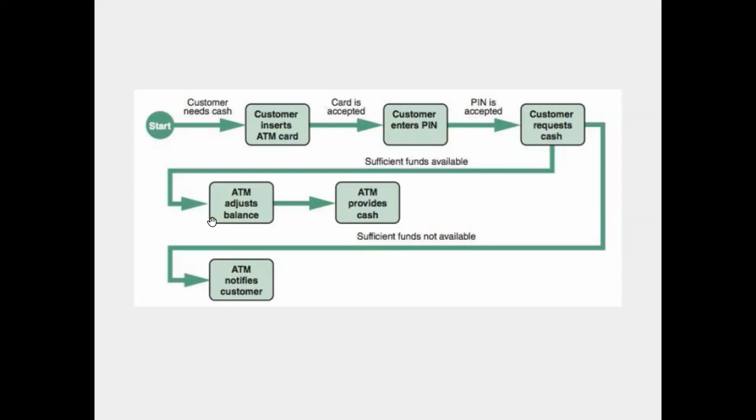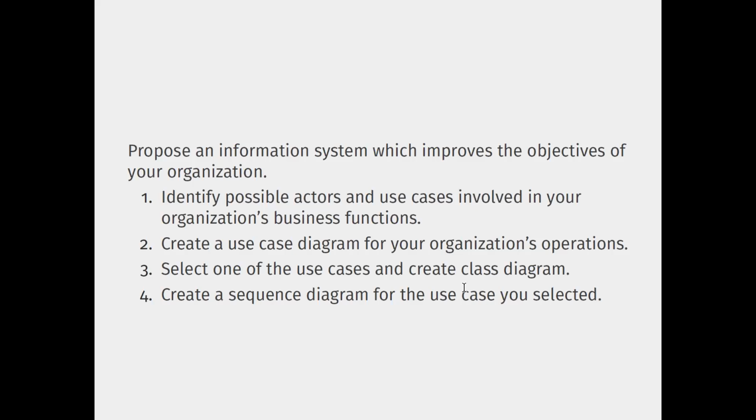If you have enough funds, it will change the balance and provide the cash. But let's say you don't have enough funds, then it may reply back to the user saying that sufficient funds are not available, and the ATM can notify the customer. So you can see it shows you how it happens.